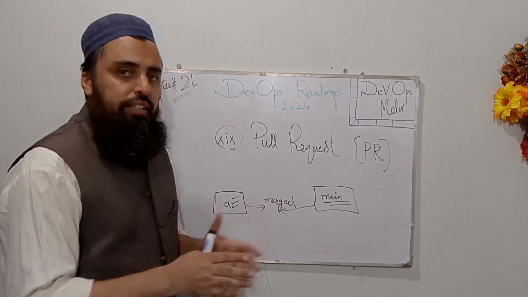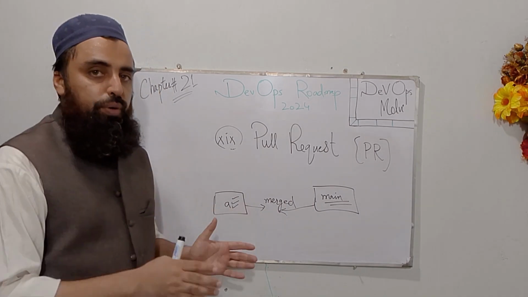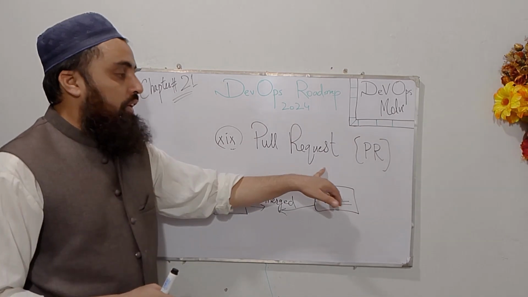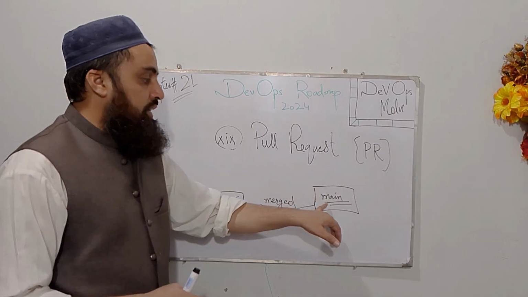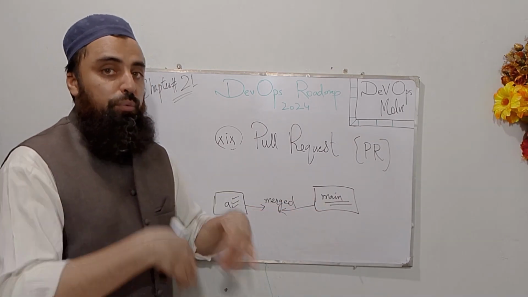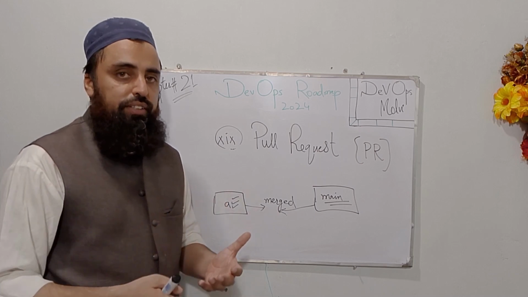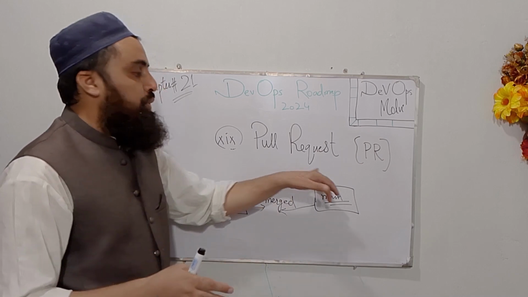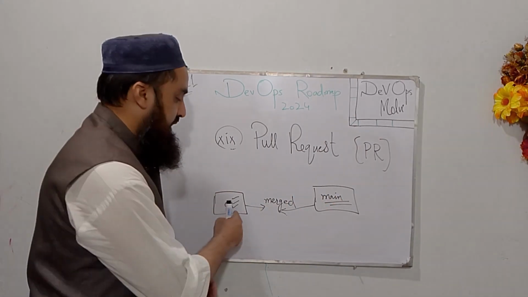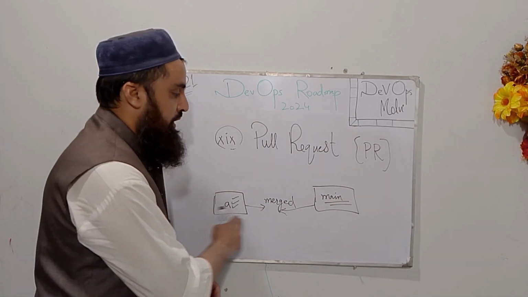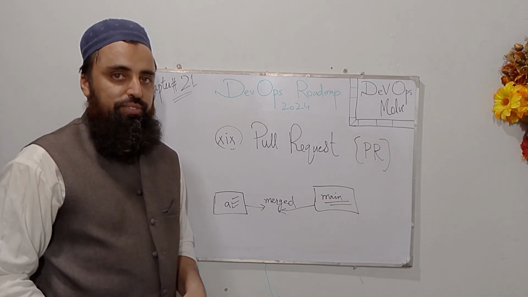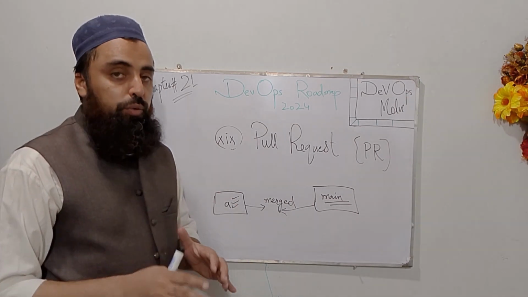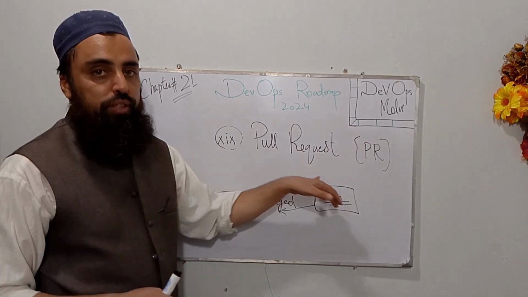When any feature is tested on any branch, that developer will initiate a pull request, and the development manager will review the code, test the functionality, and give feedback. When that pull request is accepted, the changes are merged from one branch into the main branch. I hope that now this concept is clear. It is one of the most frequently used terms: create a pull request, PR.